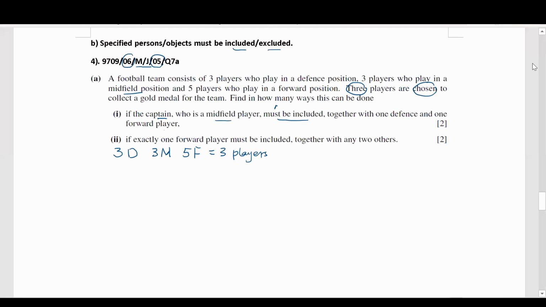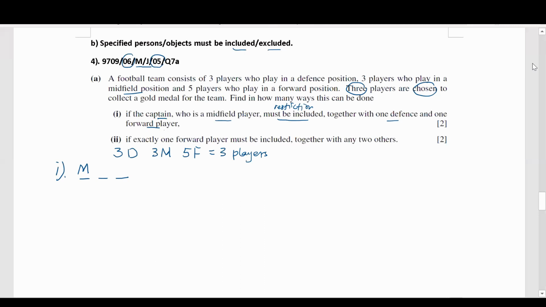This is the restriction, together with 1 defense and 1 forward player. So in order to answer this question, let's put down 3 different places. The captain, who is a midfield player, must be included, so he is selected in the team of 3.